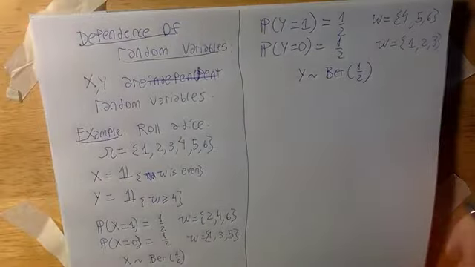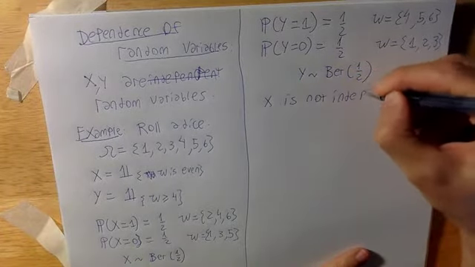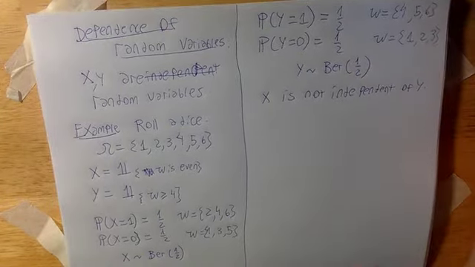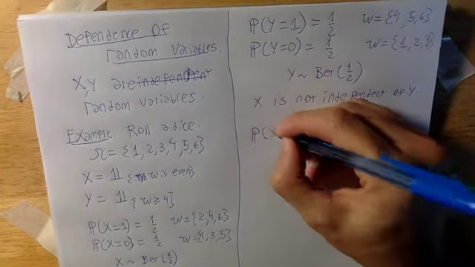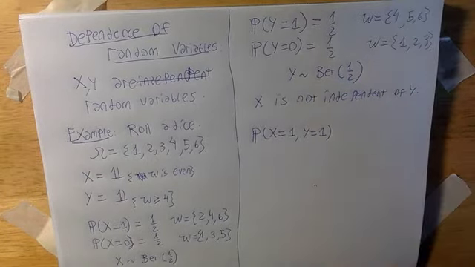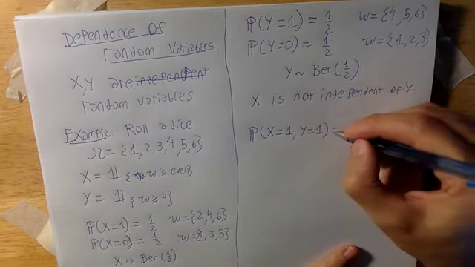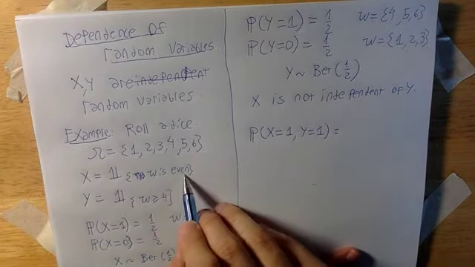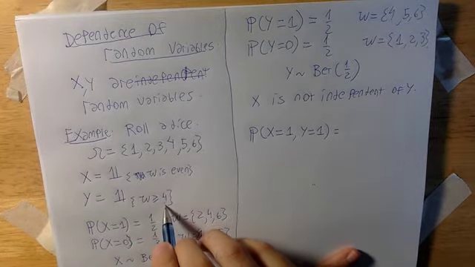But what we can check is that X is not independent of Y. In particular, if we look at the probability that X is equal to 1 and Y is equal to 1, X equals 1 means that omega is even, and Y equals 1 implies that omega is bigger or equal than 4.